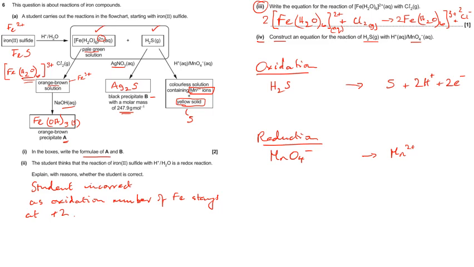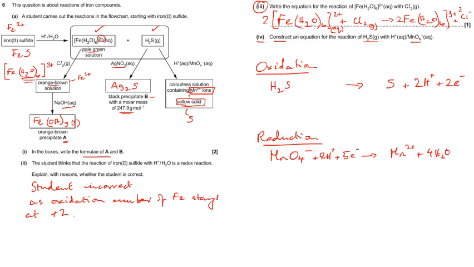We've got 4 oxygens on the left-hand side, so we need 4 water molecules on the right-hand side. Now we've unbalanced our hydrogens, so we need to put in 8 hydrogen ions on the left-hand side. Now we've unbalanced our charges: on the left-hand side we've got 8+ and 1-, so that's 7+, whereas on the right-hand side we've got only 2+. So if we put in 7 take 2, which is 5 electrons on the left-hand side, then that would be a good half equation.